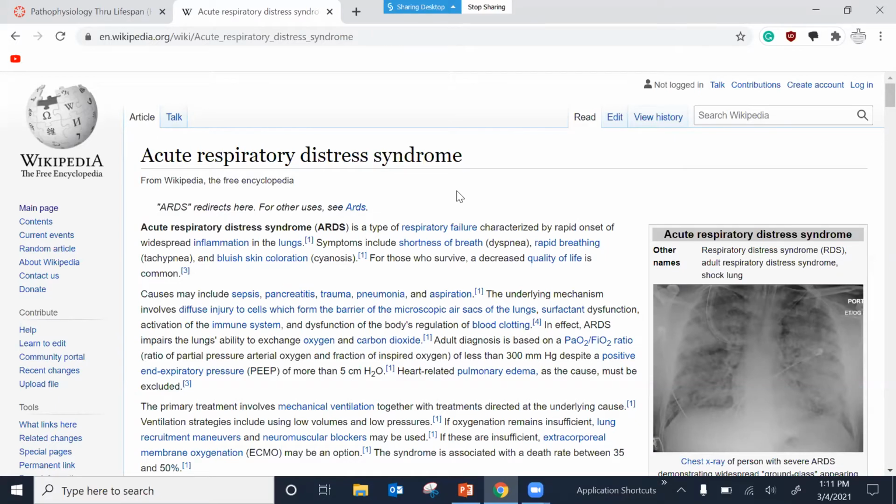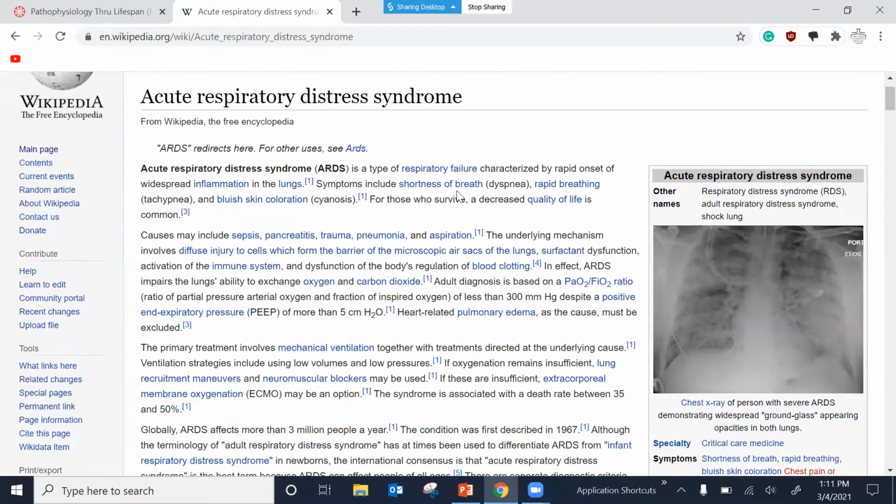And then the very next thing that we notice is there's a super cool chest x-ray right there. Interesting. Now we know what a chest x-ray of a person with severe ARDS looks like. I can't really read chest x-rays. As nurses, that's not something that we're trained to do.